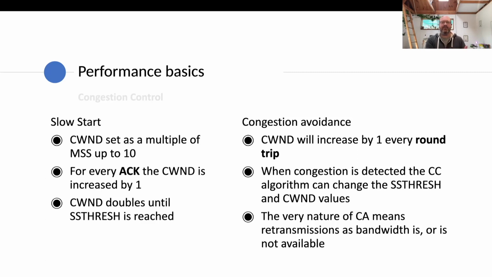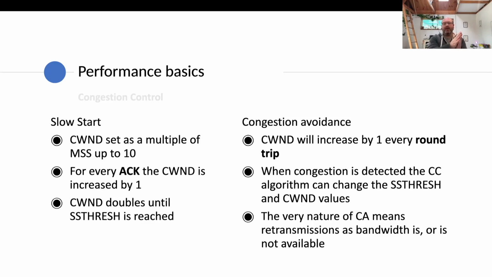And what happens is that for every ACK during the slow start phase, it might start if you've got a maximum segment size of, say, 1,460, which is typical of an Ethernet network. You would say having a multiple of 10 might be 14,600. That would be your initial congestion window.